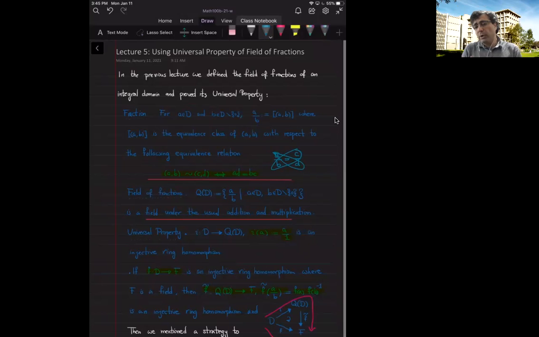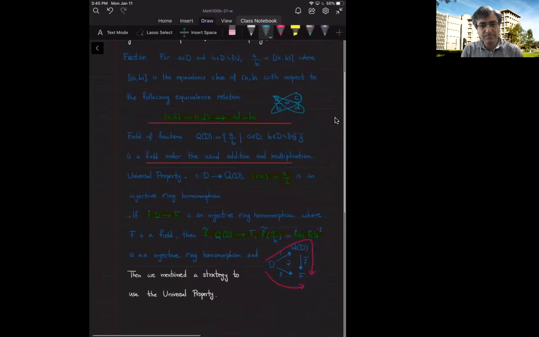Then in a natural way, we defined addition and multiplication on the set of all the fractions. And we discussed why it's a field. And then we proved the universal property of the field of fractions, which says that first we have a copy of our integral domain inside this field by sending a to the fraction that has a in the numerator and 1 in the denominator.